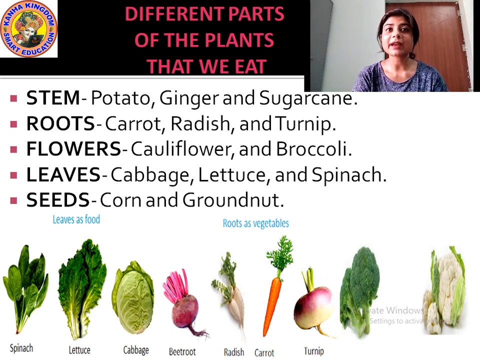Okay. Then groundnut, beans, peas, all these things are what? These are the seeds of a plant. Okay, so these are the different parts of the plant and different kinds of vegetables and fruits that we eat as food from plants. Okay, and what? Plants give us food. Understood?